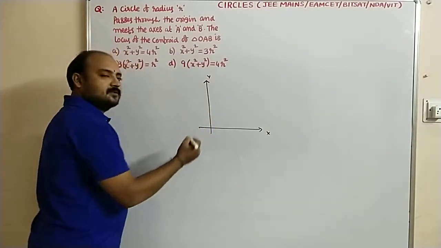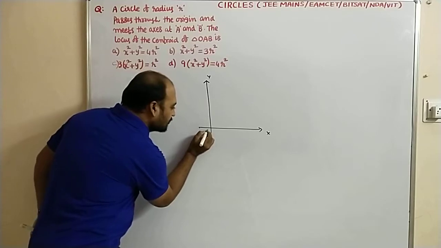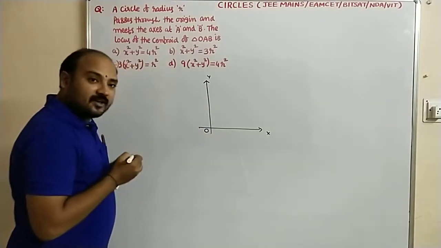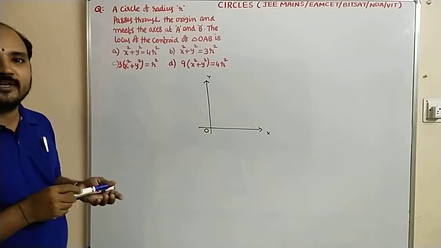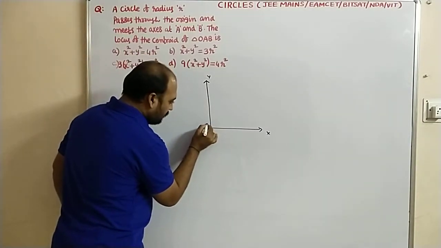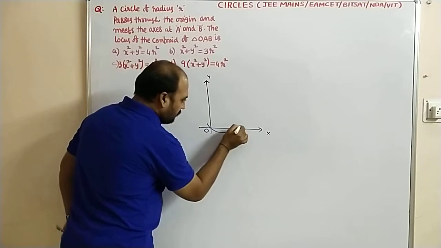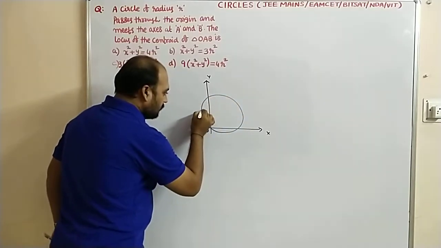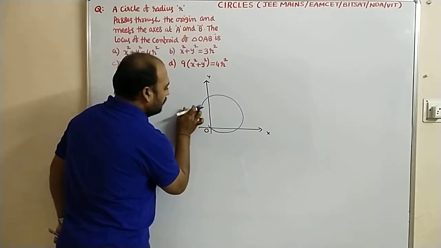x-axis, y-axis, this is the origin. The circle is passing through the origin. Like this the diagram will come.